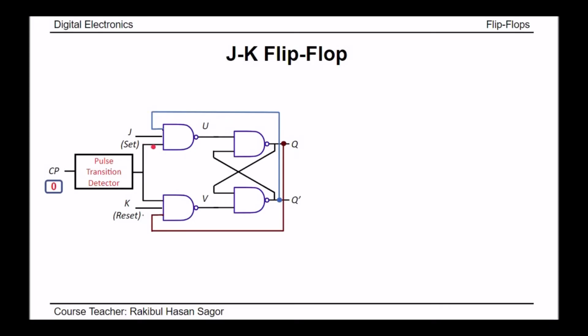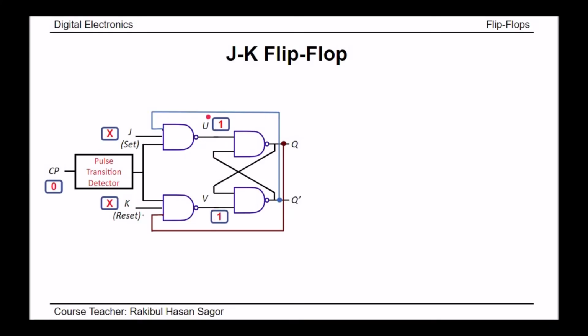So one of the inputs of this NAND gate and this NAND gate is 0. So we don't have to bother about the J and K inputs and these feedback inputs, because one input of each NAND gate is 0. The definite values of U and V are 1 and 1.